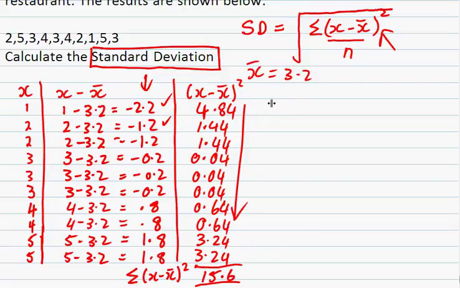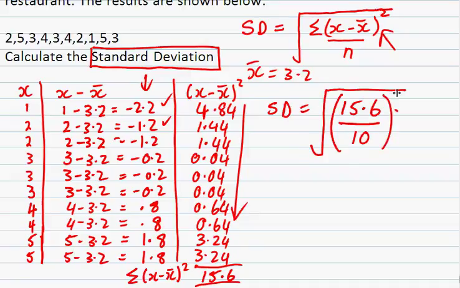So the standard deviation equals the square root of 15.6 divided by the number of scores, which is 10. So I work out what that is. Now that's called the variance, and then I'm going to square root that whole thing.